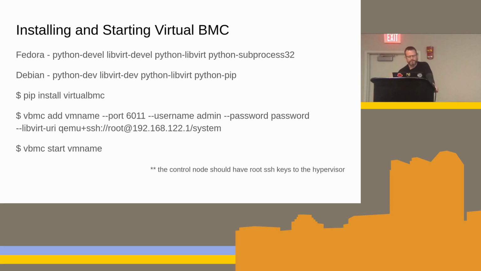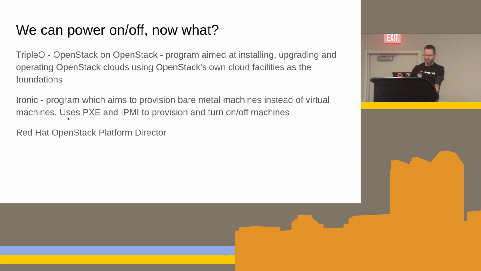But basically, there's a few packages here. You install some Python packages, whether it's on a Fedora-based or a Debian-based distro. Those are the packages you need. You install it with pip, and you basically just do this command down here, this VirtualBMC add, and the VM name.